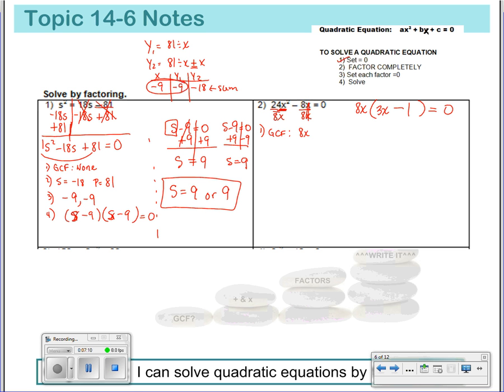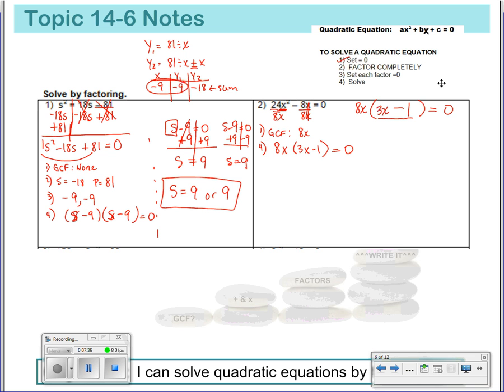So it turns out we have factored completely because this is our GCF. There's nothing else. I can't do a sum and product because this is not a squared term inside the parentheses. So I have completely factored. We have 8x times 3x minus 1, rewritten in parentheses. So I've skipped all the way to step 4.